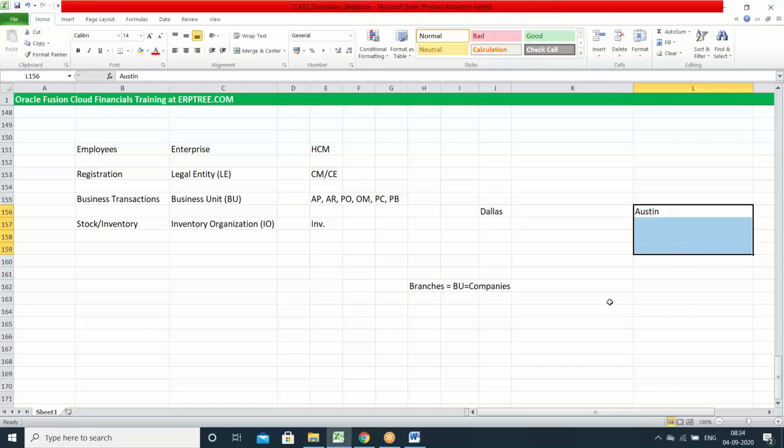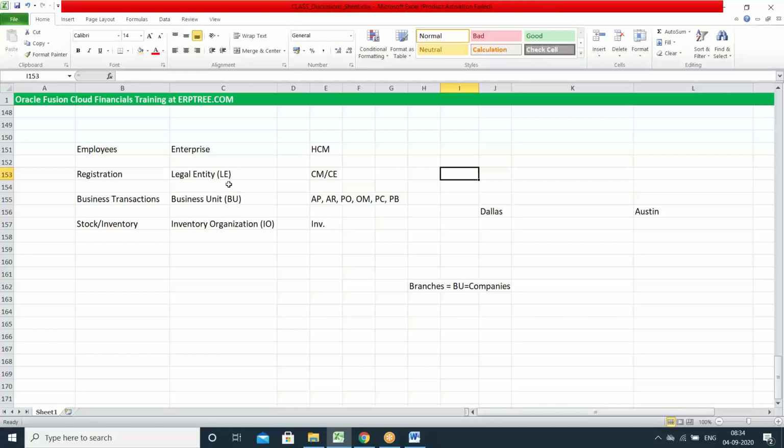I have a question. Is there any other module which is mapped at the legal entity level? At the legal entity level, only cash management. No other application. Why? Whenever you create a bank account in the system, you have to specify which company owns the bank account, meaning which organization.